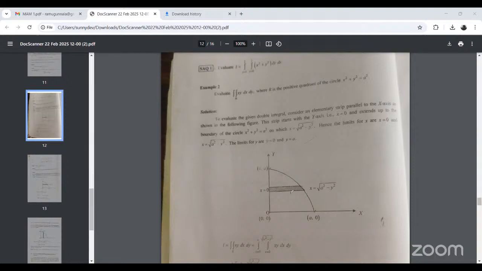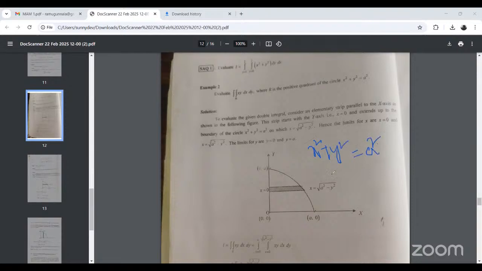So how can we get the limits? When the curve meets the x-axis, we have to substitute y equal to 0. When the curve meets the y-axis, we have to substitute x equal to 0. They gave that x square plus y square equal to a square.